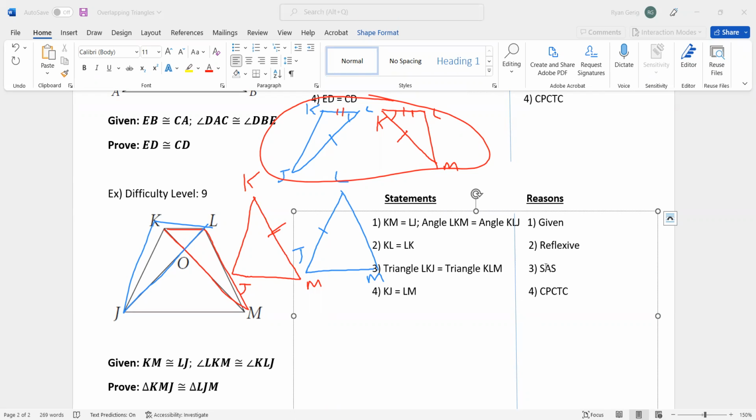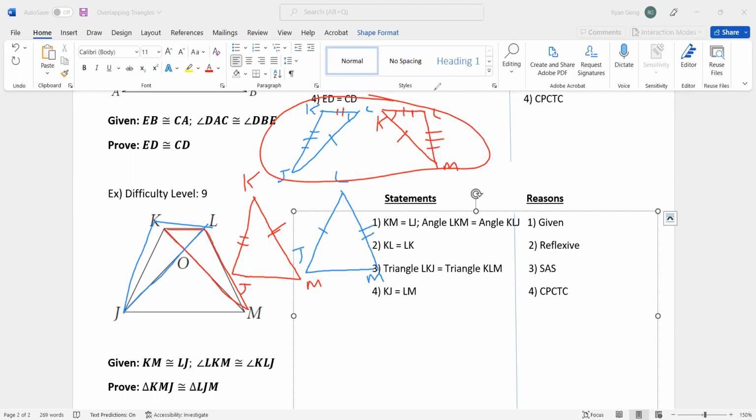So if I'm marking that, LM is congruent to KJ. Why would I do that? Well, KJ is also down here, and LM is also down here in the other set, right?